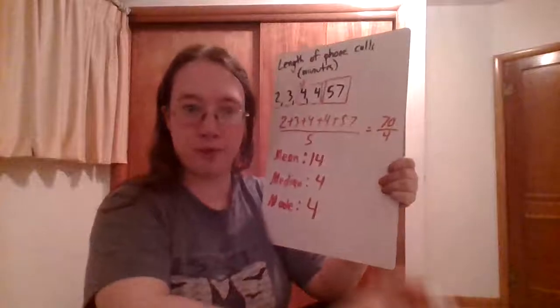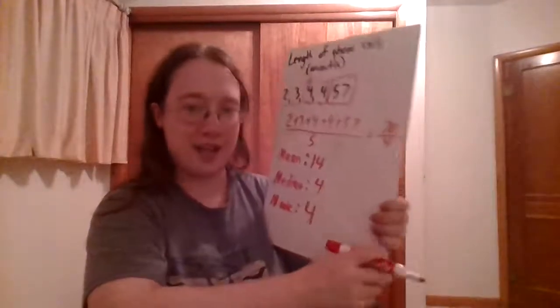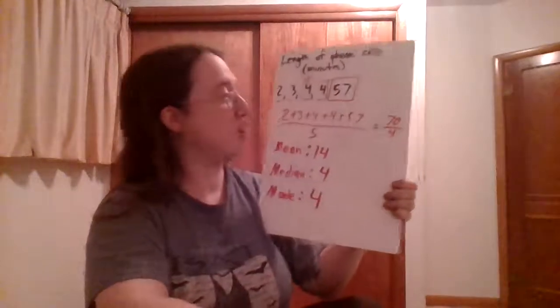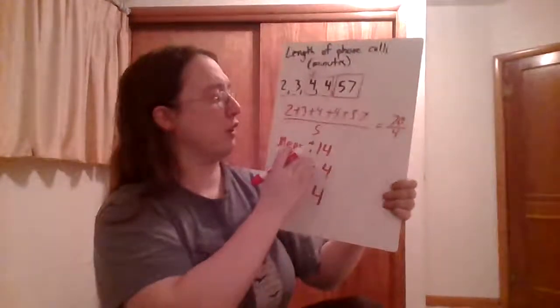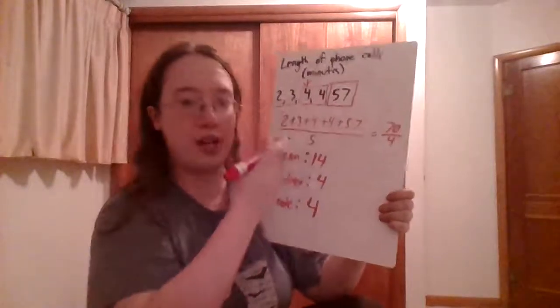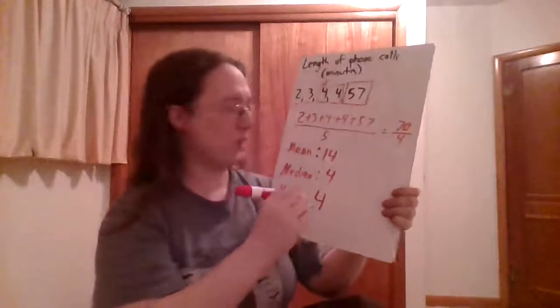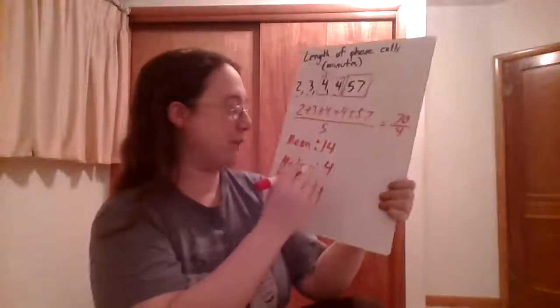And what happens when you have one number that's really big or one number that's really small is that it really throws off your average. So most of our phone calls are not around 14 minutes. In fact, we don't have any that are 14 minutes. We have 4 that are quite a bit smaller and one that's quite a bit bigger. So I actually don't have anything really close to our mean.